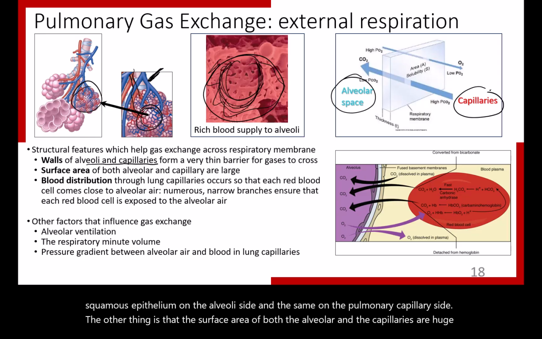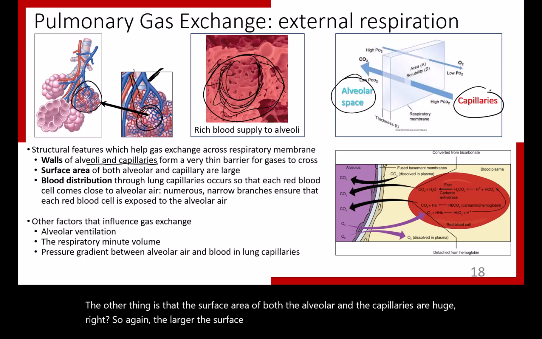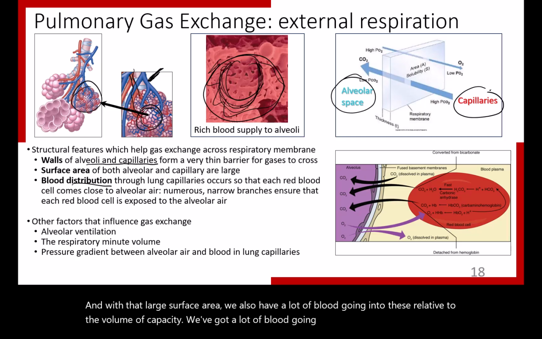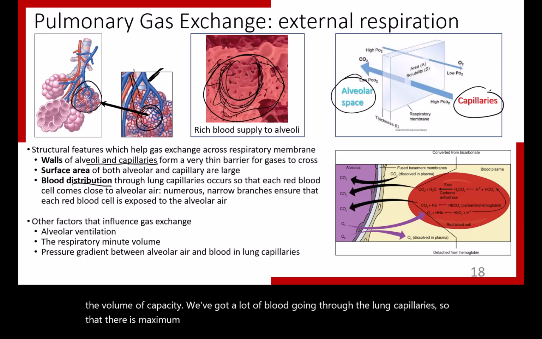So again, the larger the surface area, the easier it is for exchange to happen. And with that large surface area, we also have a lot of blood going through the lung capillaries relative to the volume of capacity, so that there is maximum chance for oxygen to actually enter from the alveolar air into the capillaries and for CO2 to do the opposite.